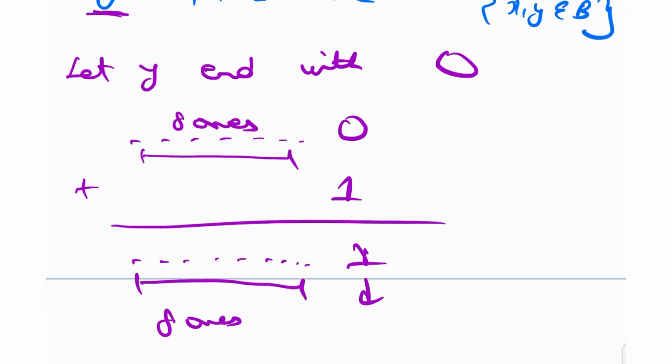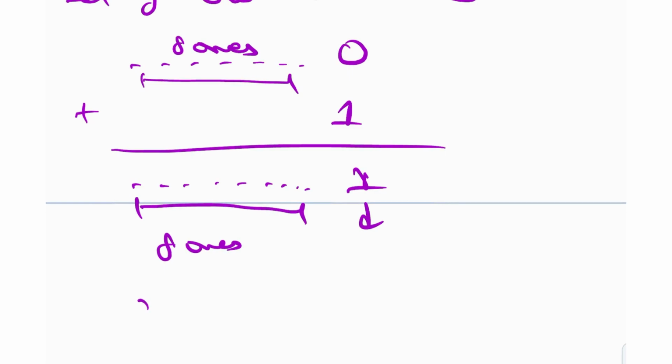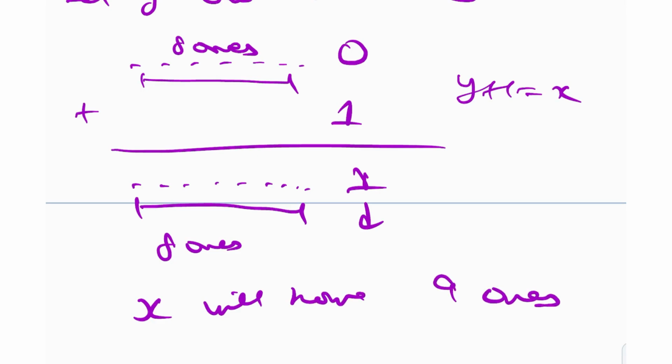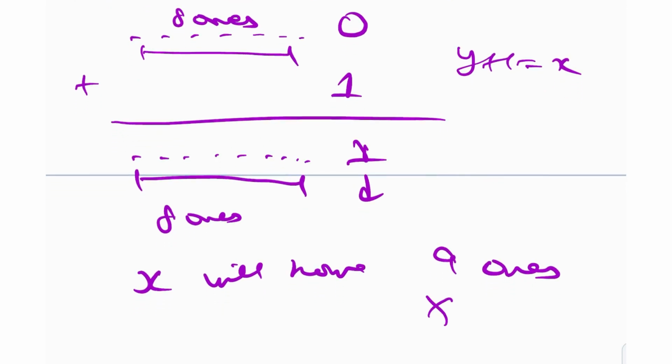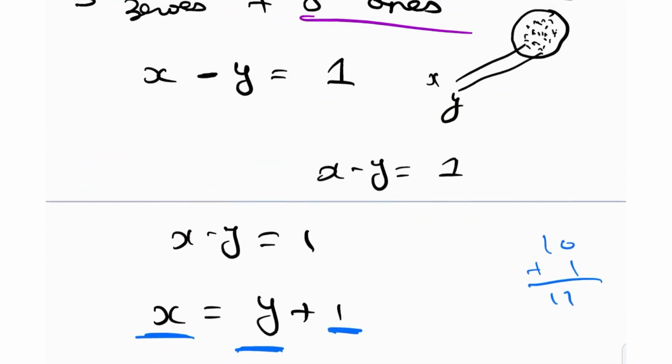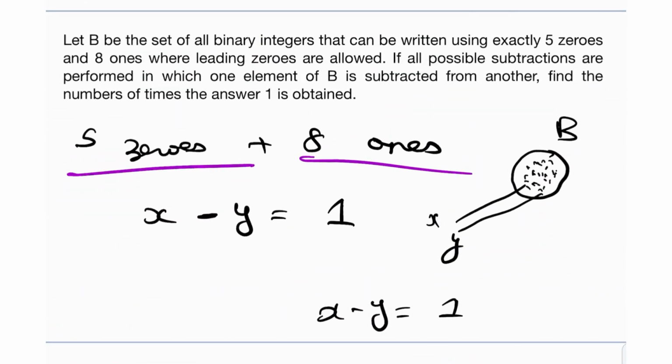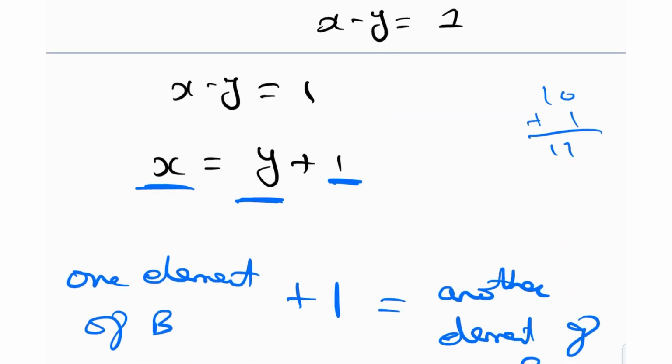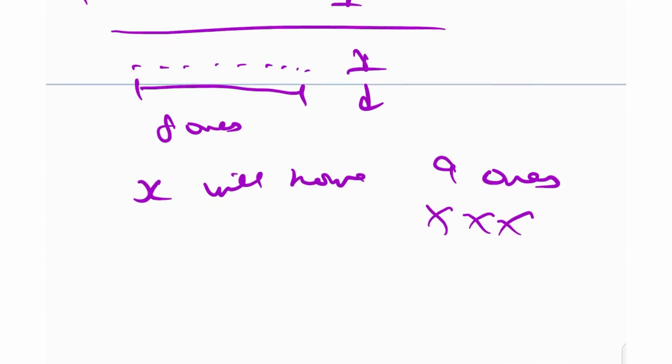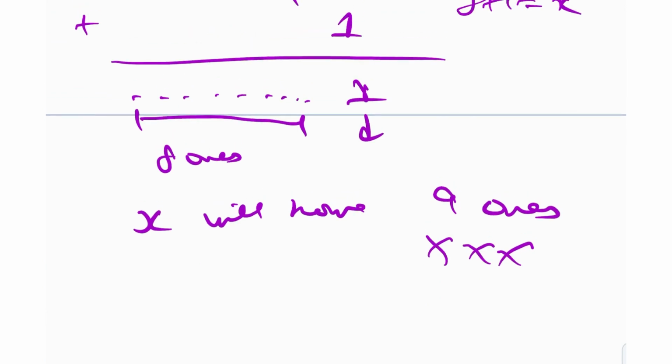But then we got another one. So x, which is y plus 1, will have 9 ones. But if it has 9 ones, it cannot be an element of B, because if it's an element of B, it strictly needs to have exactly 5 zeros and 8 ones, right? So if X is having 9 ones, that means it cannot be an element of B.